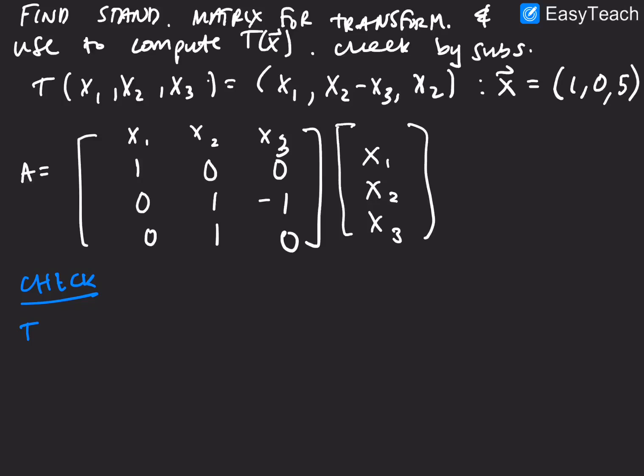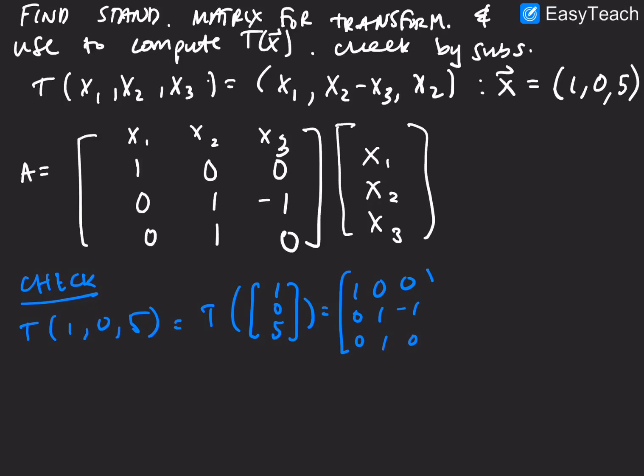I have T(1,0,5) equal to T(1,0,5) equals the matrix 1 0 0, 0 1 -1, 0 1 0, which is a 3 by 3 matrix. And I'm going to multiply it to this (1,0,5) that it told me here, and that is a 3 by 1.